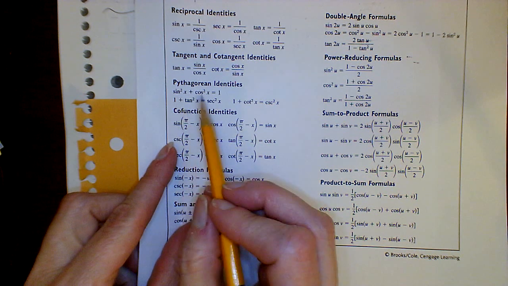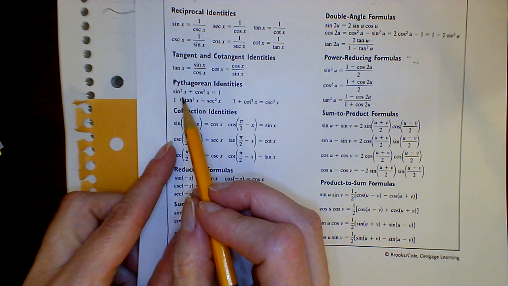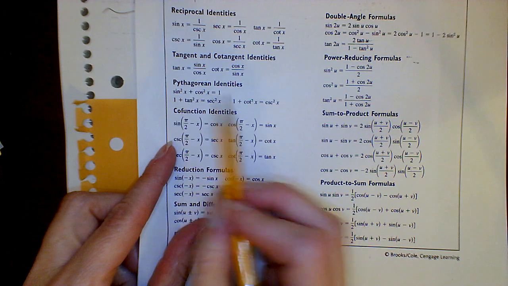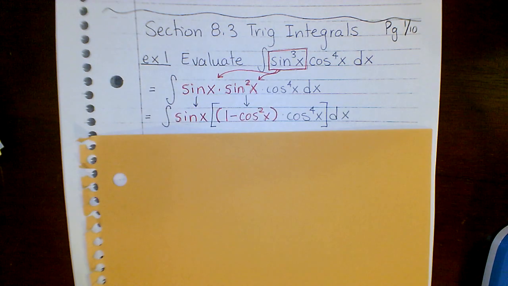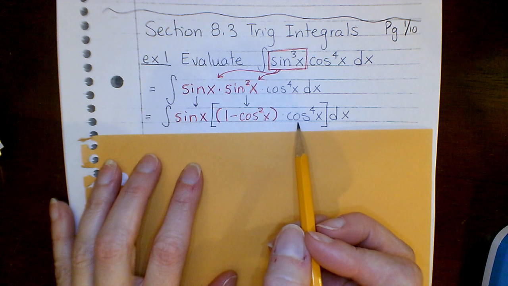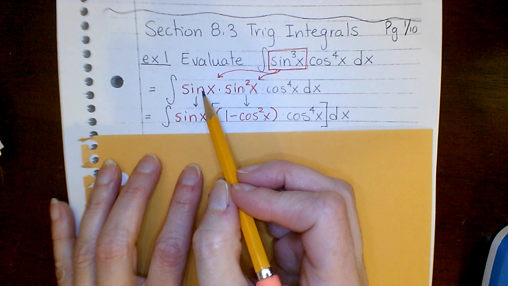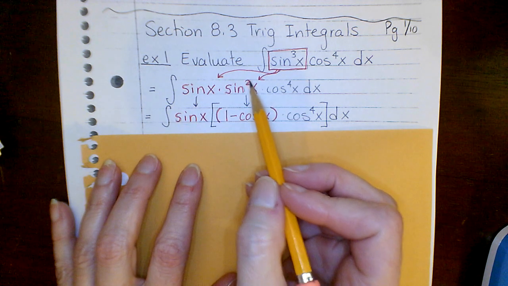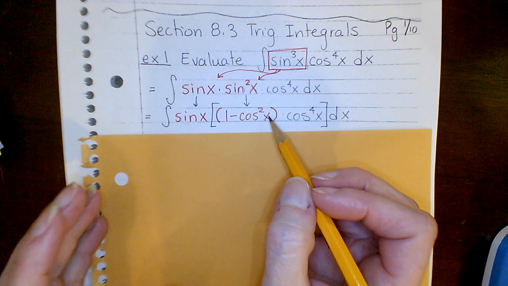We have sine squared plus cosine squared equals 1. That means that sine squared is 1 minus cosine squared. Now here's what this just did: I took that sine cubed, I rewrote it as sine to the first times sine squared. Then I rewrote sine squared as 1 minus cosine squared.